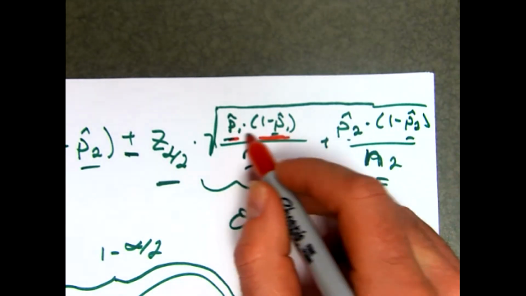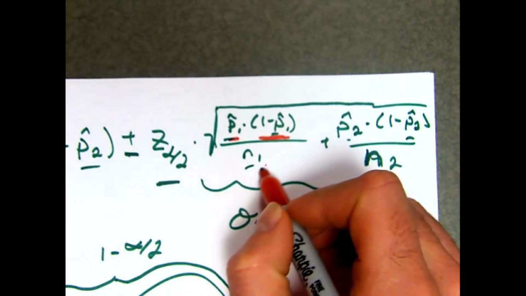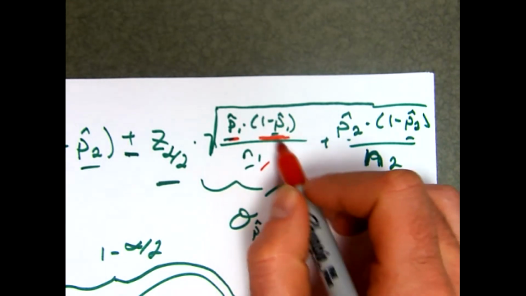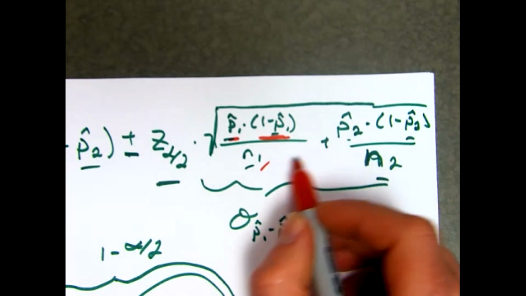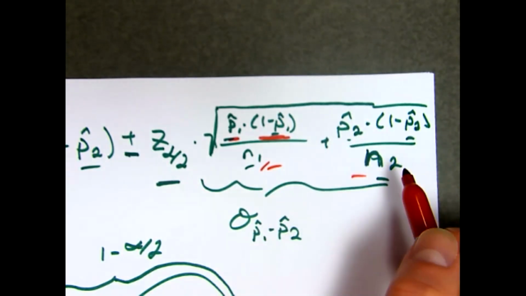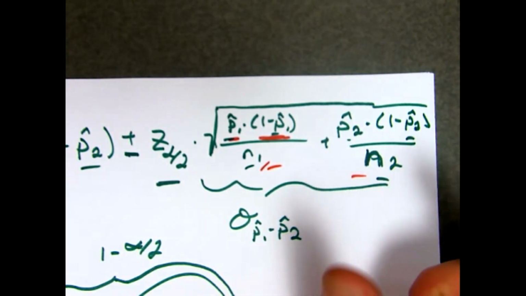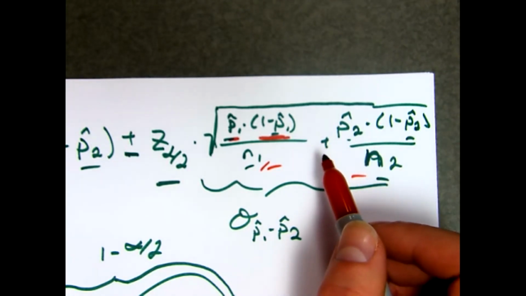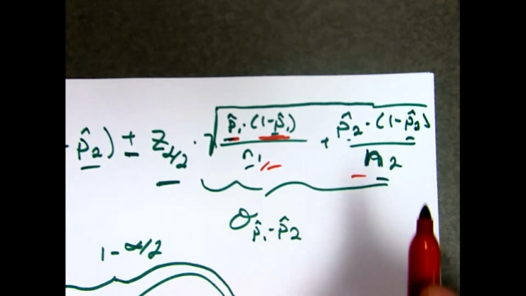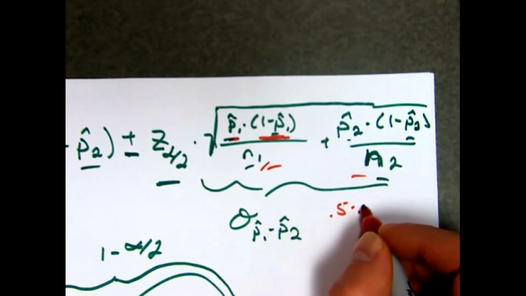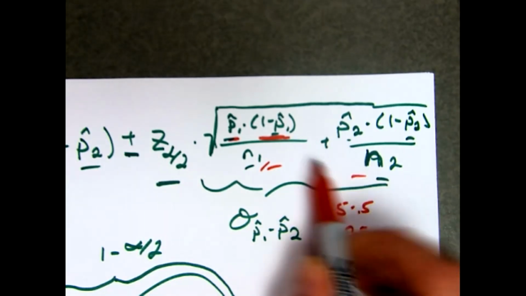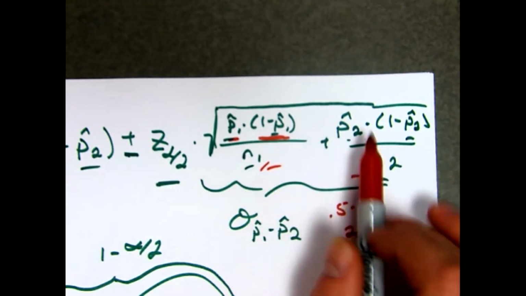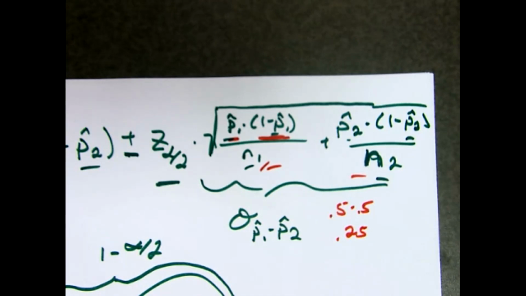So I know this is going to be less than 1. If I then divide it by my sample size, anything over 1 would make this even smaller. So I know that these two values are both going to be less than 1. In fact, I know that at most 0.5 times 0.5 is 0.25. That's the highest value that numerator could be. So my standard deviation of my sample proportions should always be small.